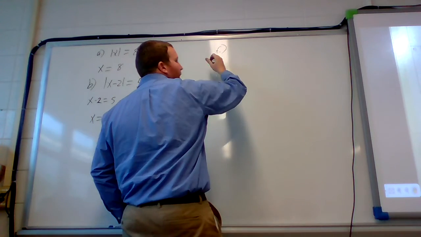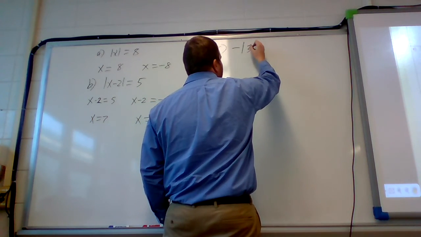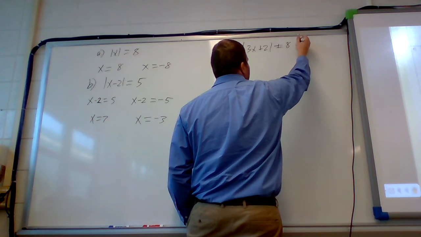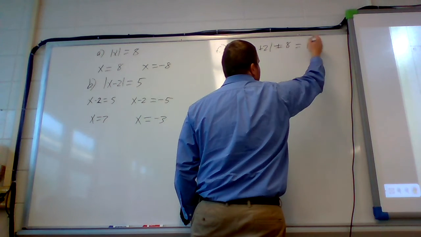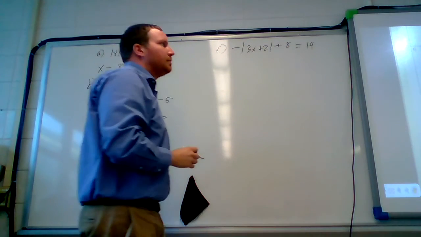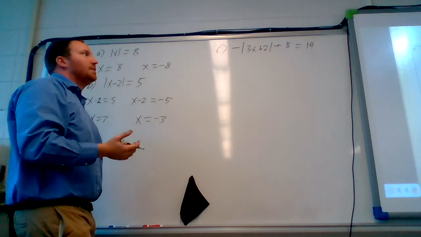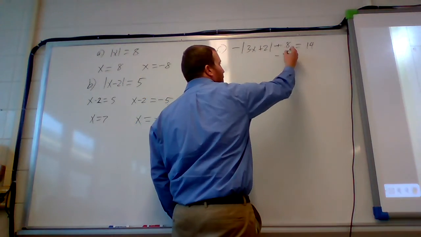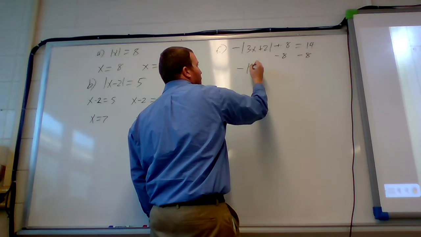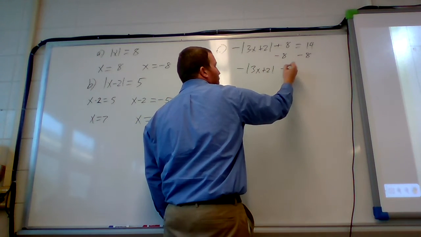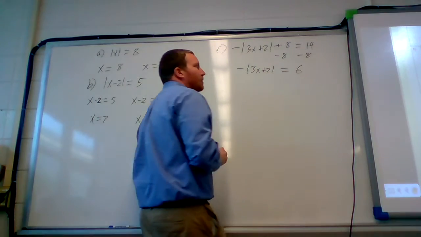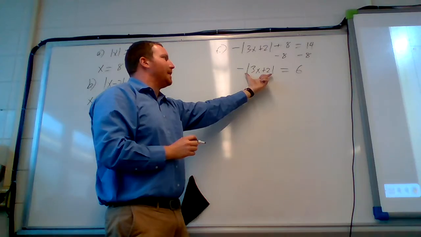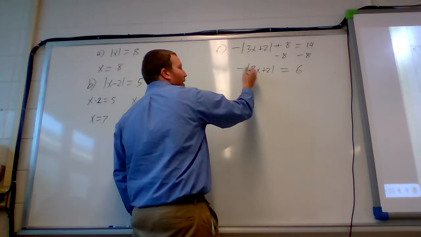So F, we've got negative absolute value of 3x plus 2, plus 8 equals 14. First thing is we have to isolate this absolute value. So we're going to subtract 8 from both sides. So that's going to get us 6. And then we have to get rid of this negative, right? We cannot solve until the absolute value is isolated.